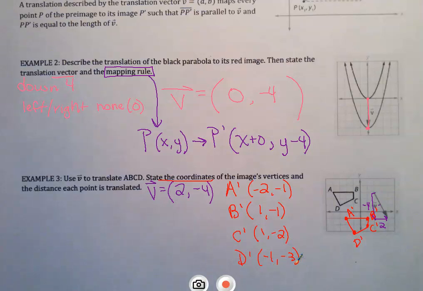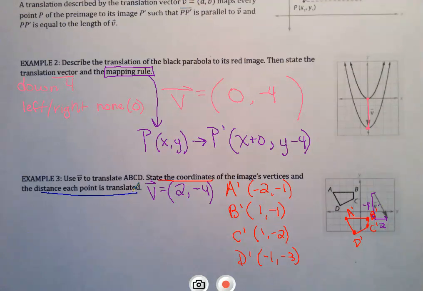Okay, so we stated our coordinates. And then it says find the distance each point is translated. It is not 4/2. If you think back to earlier when we've done geometry, we had a distance formula.